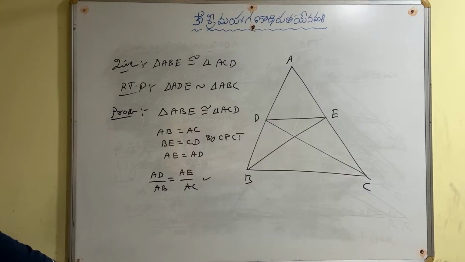You cannot mention corollaries here. You cannot mention BPT also because DE parallel to BC is not given. How can you mention BPT or corollaries of BPT?